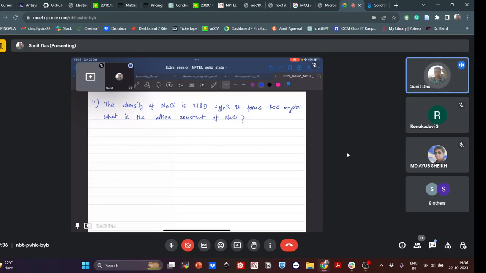So the density of NaCl is 2189 kg per meter cube. It forms an FCC crystal. So we need to find the lattice constant.